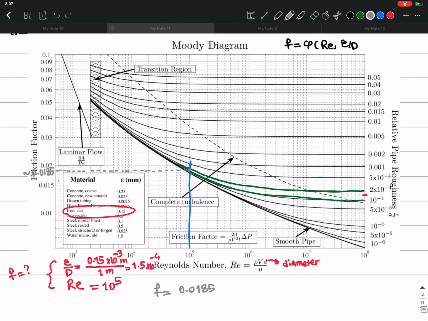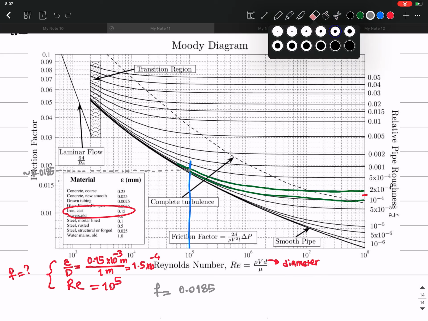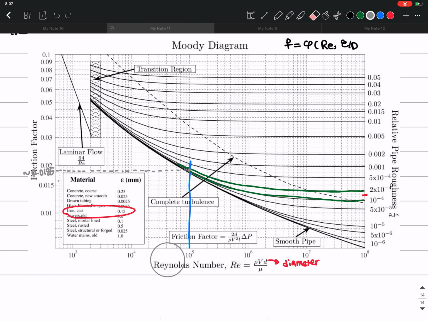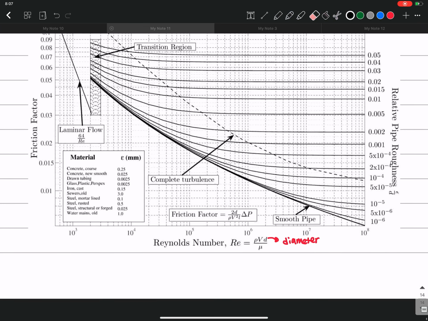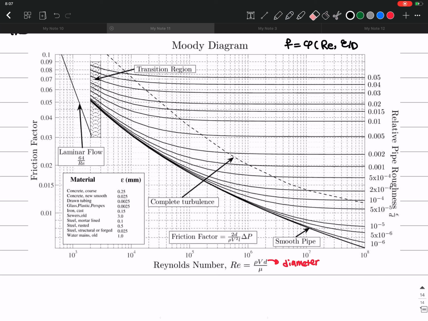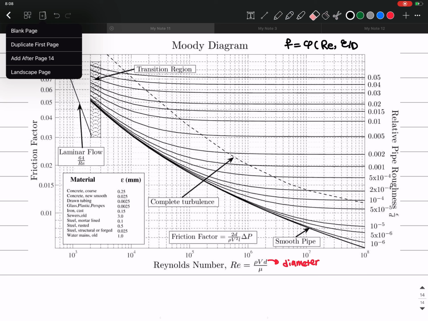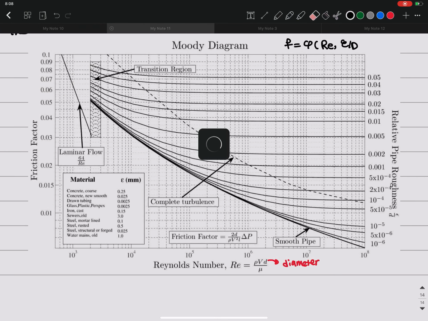Okay, so this is the main approach that you need to use in order to work with this Moody diagram, and this will be given in an exam if you need it. Another way is some simpler form of this, simplifications of this Moody chart, and one of them is the Haaland equation.